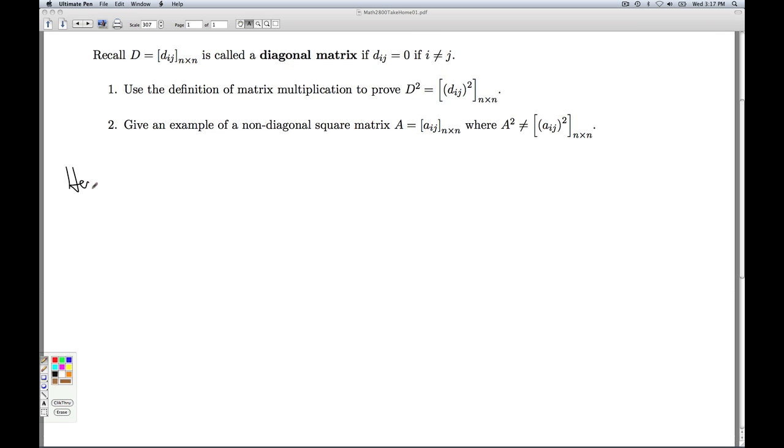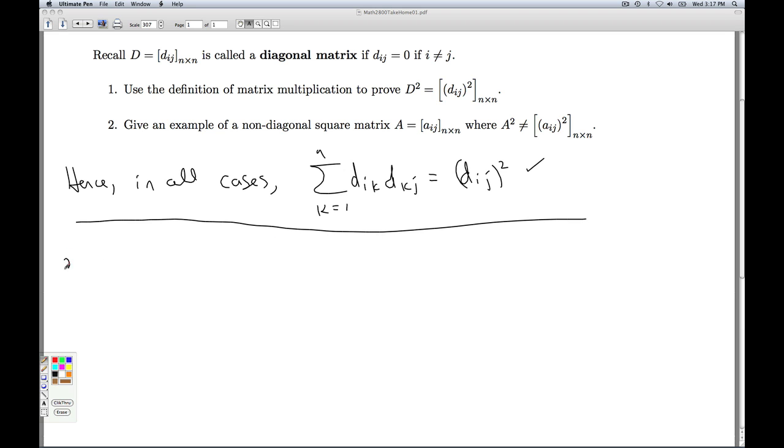Hence, in all cases, the summation k equals 1 to n of d_ik d_kj is d_ij squared, and that's what I needed to show.